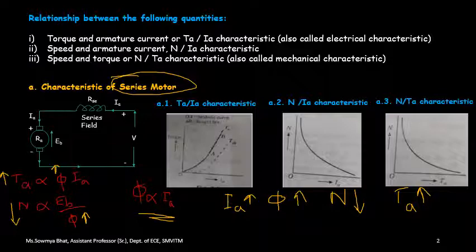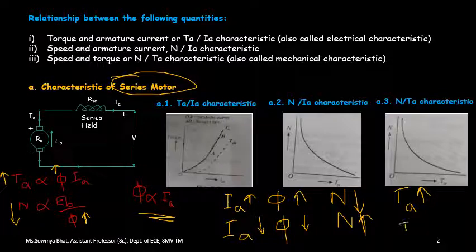If I consider the second case, lighter loads, or the load is decreased, armature current will decrease. If armature current decreases, the flux value will also decrease. If the flux value decreases, speed increases.